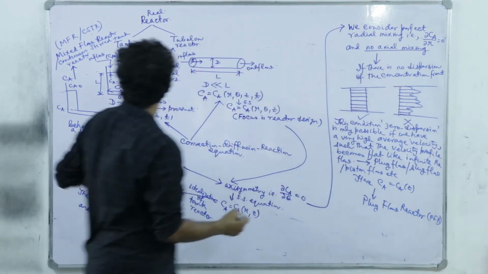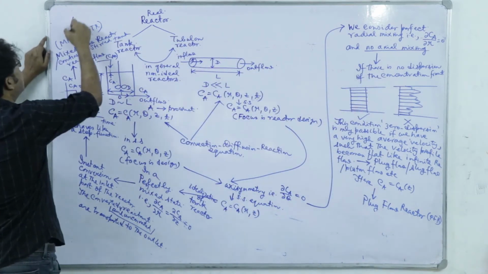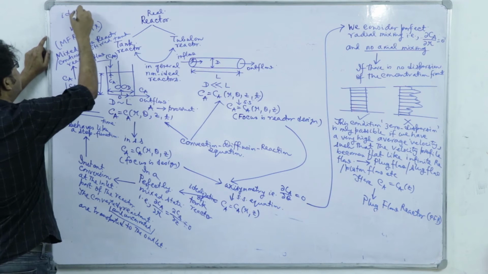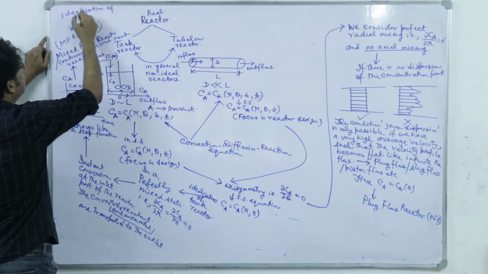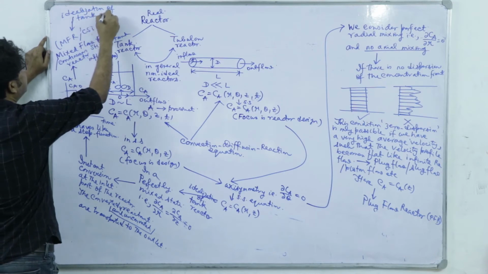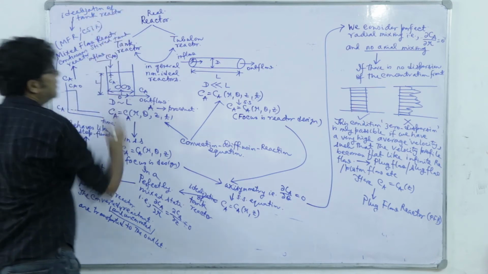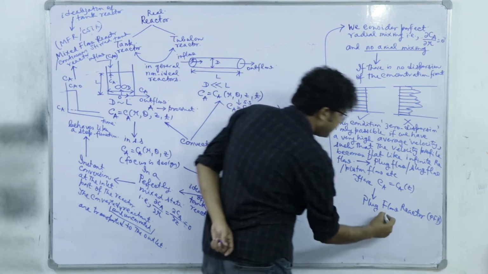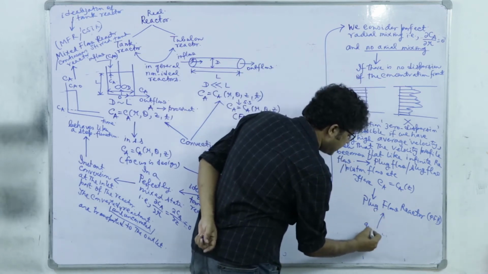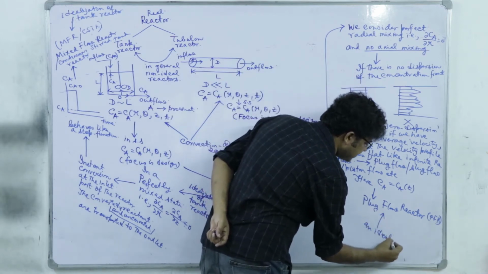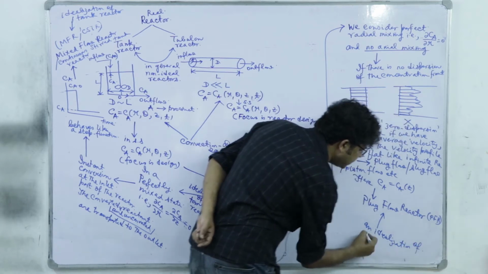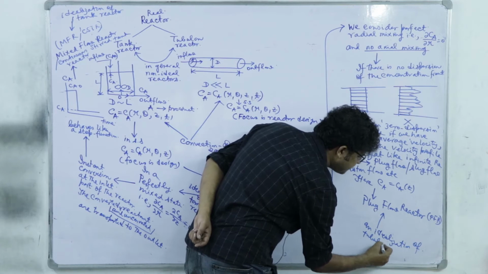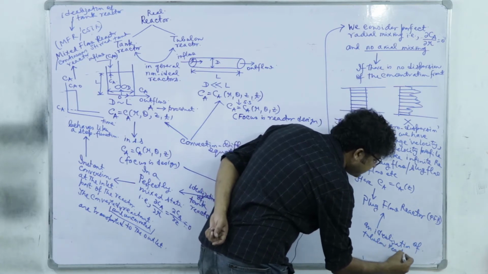So, you have to understand that CSTR is finally an idealization of tank reactor, whereas PFR is an idealization of tubular reactor.